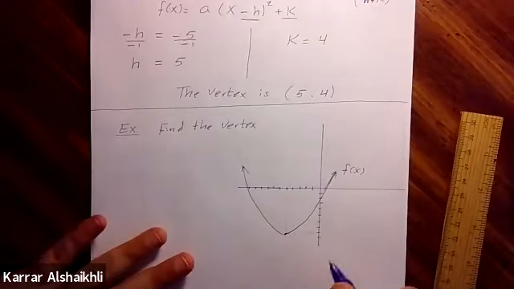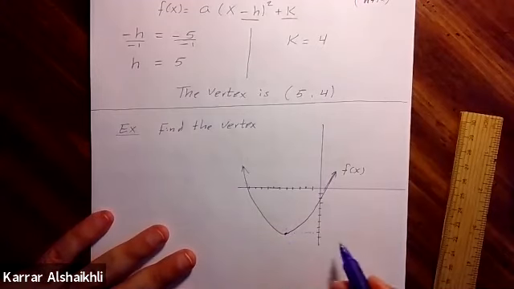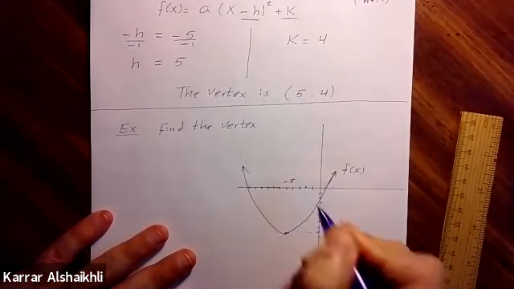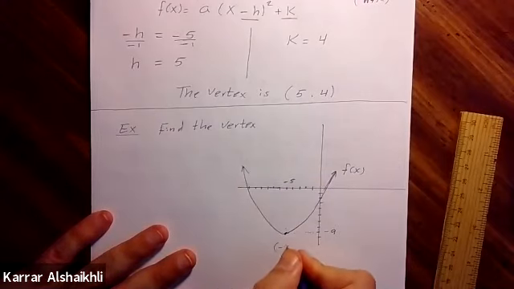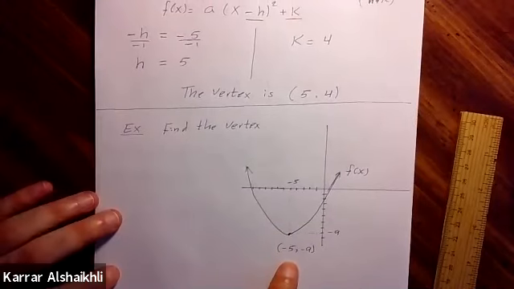In this graph, we have a minimum point here. We have to locate the coordinate for this point. The coordinate for this point is the x is -5 and the y is -9. That means the minimum point is going to be the vertex.